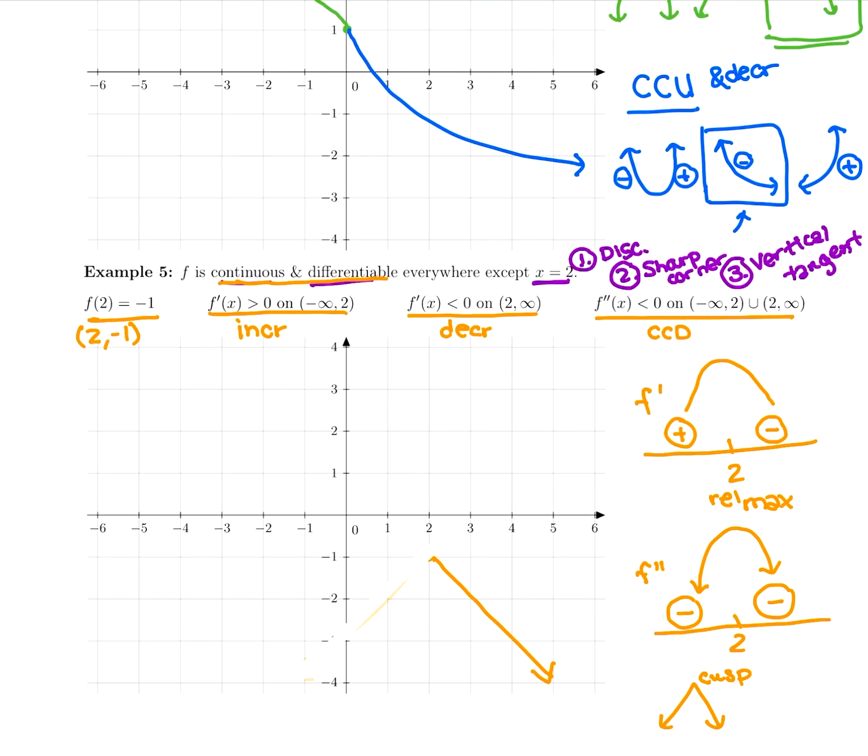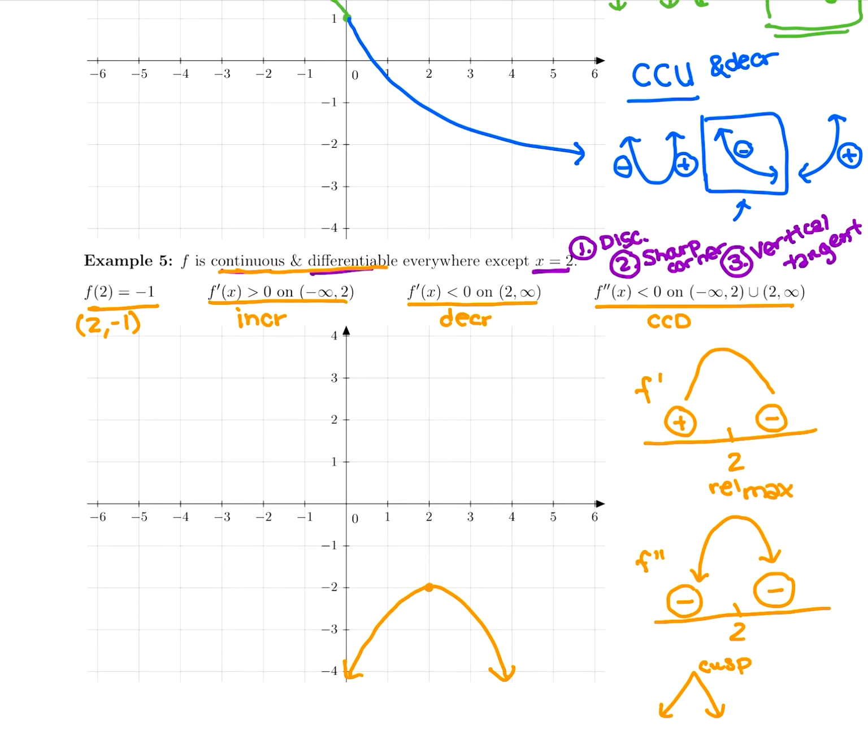Another option, I'll do a couple on this one because there's so many different answers for all these, but this one's at least pretty interesting. So at the point (2, -1) that I have to go through, I could maybe go like this and put an open circle up here or something like that, make it discontinuous.